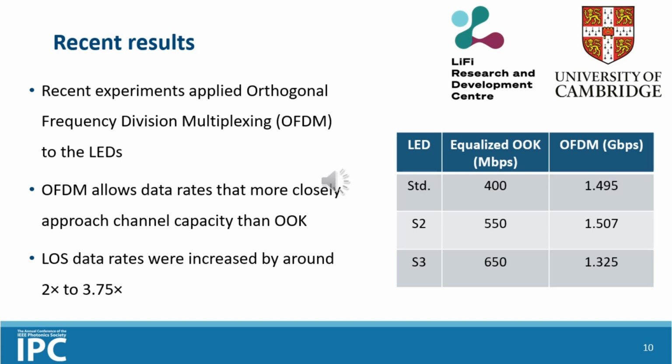In other words, it generally allows higher data rates to be obtained using the available optical power and bandwidth compared to on-off keying, and you can see that in the table on the right. The achieved data rates increased from around 650 megabits per second up to about 1.5 gigabits per second when using OFDM.